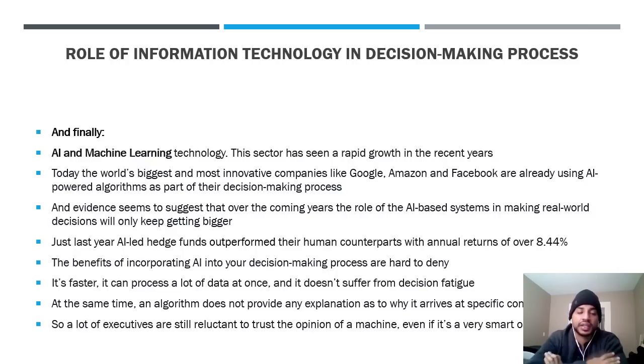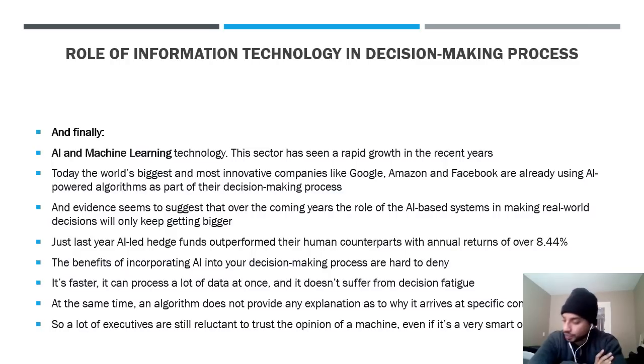What we're really saying is AI and machine learning is really helping businesses get better. So like we were saying, a lot of executives are still reluctant to trust the opinion of a machine, even if it's very smart. So it's a little difficult to put your whole business into the hands of machines, right?